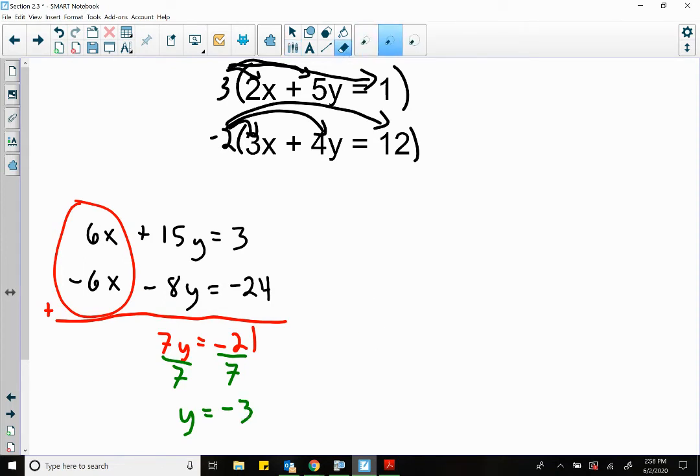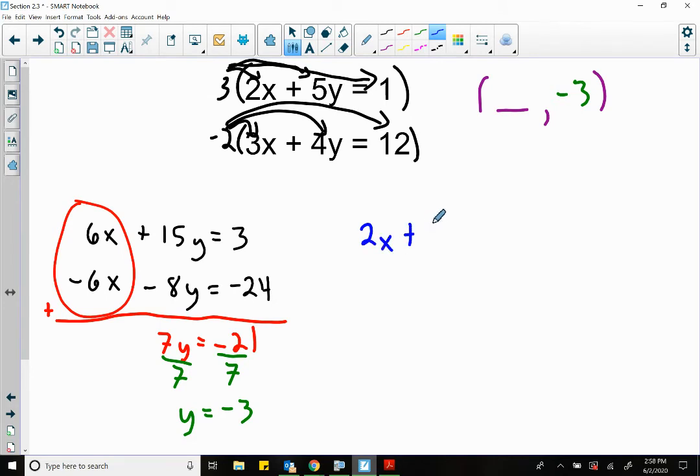And now you know half of your answer. So something, comma, negative 3. So now I just pick one of these to go into. I'm going to plug into the top one. Again, you can plug into the bottom one. It doesn't matter. So 2x plus 5 times negative 3, because that's what y is, equal to 1.